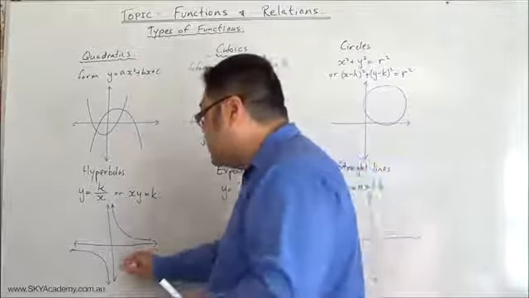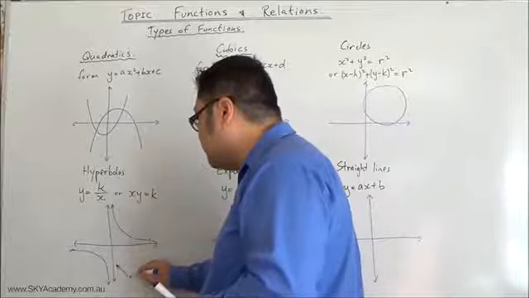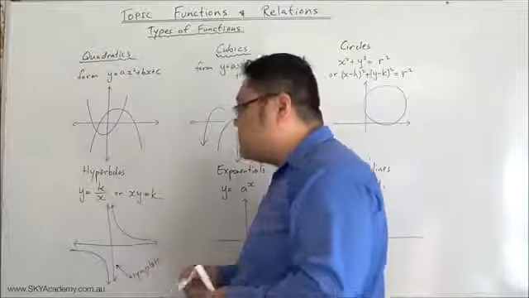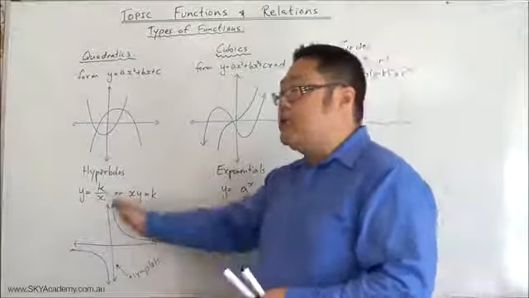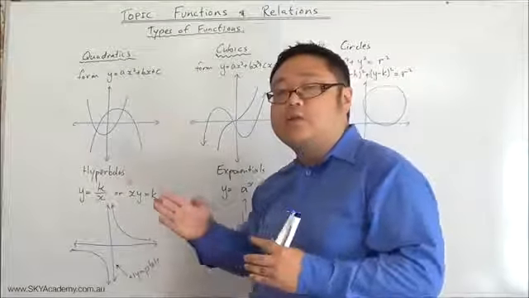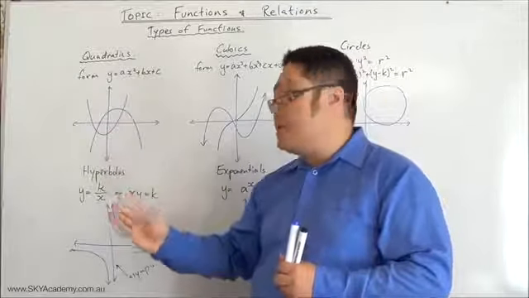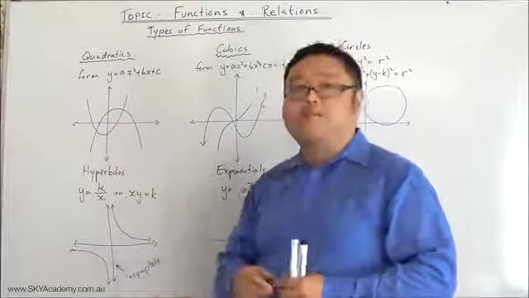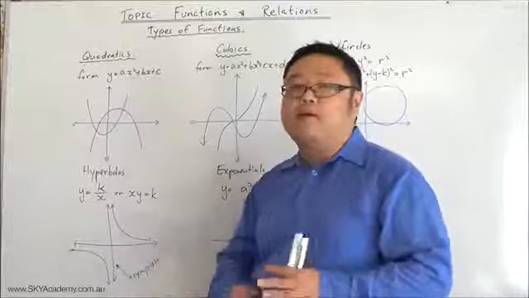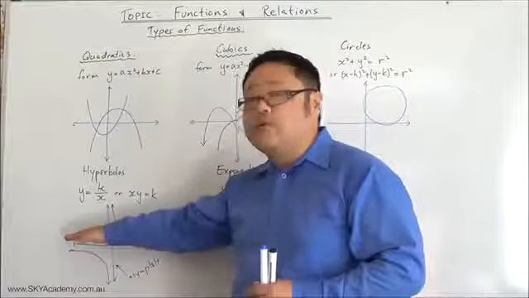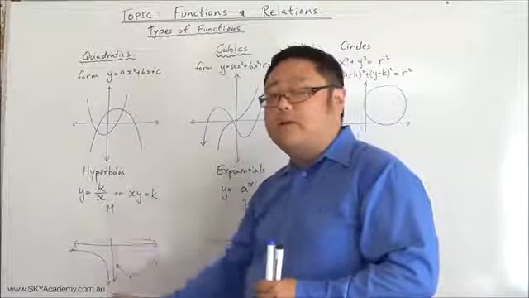I'll introduce you to the language of asymptote. An asymptote is simply a line that a curve will get closer and closer to, but will never actually touch. A hyperbola will have both a horizontal asymptote and a vertical asymptote.